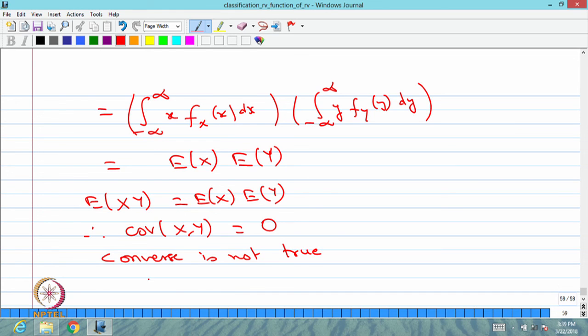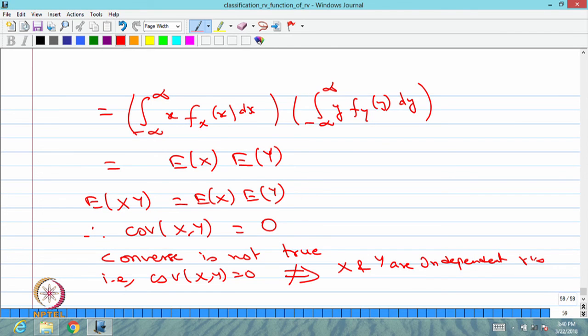The covariance between any two random variables being 0 does not imply that the random variables x and y are independent. Whereas if x and y are independent random variables, then the covariance of x comma y is going to be 0.